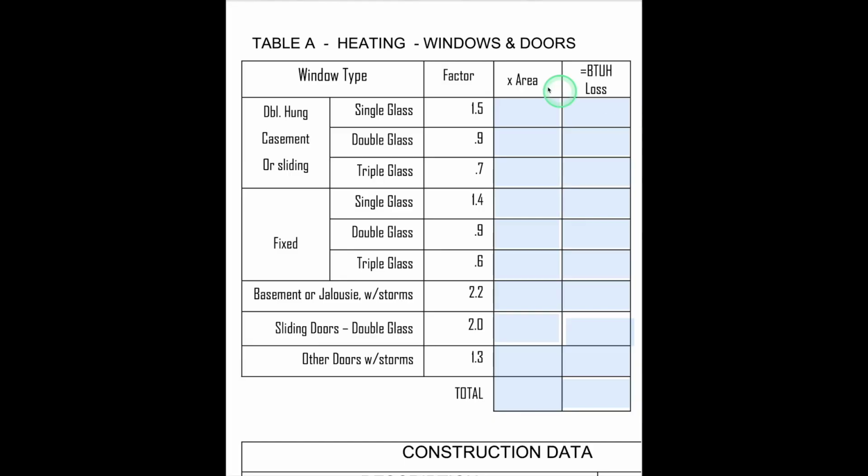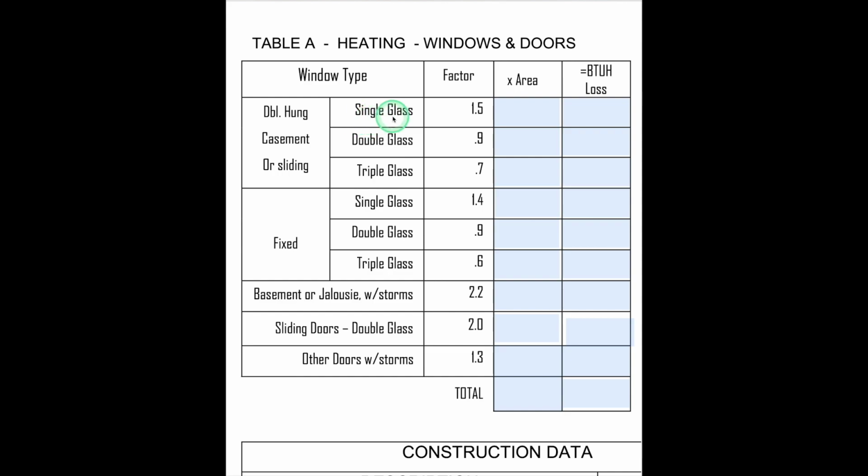Now, if you look over to the left side of this chart under window type, it's going to give us some information about the type of window. Over here in this section is the type of glass, so single glass, double glass, or triple glass. This is the number of glass in the window.